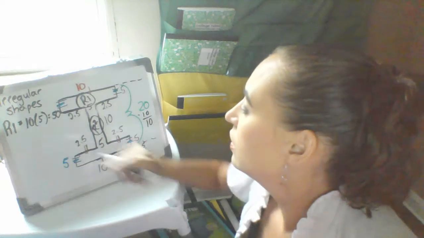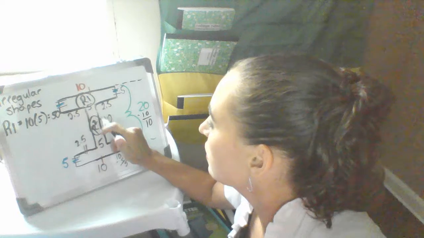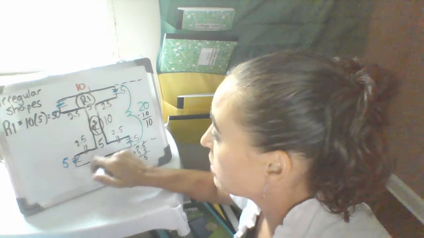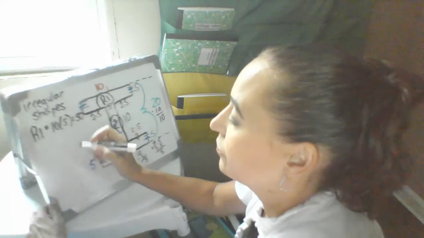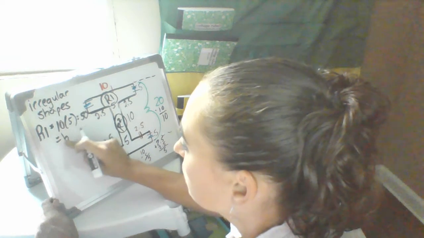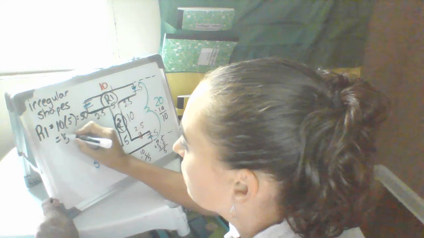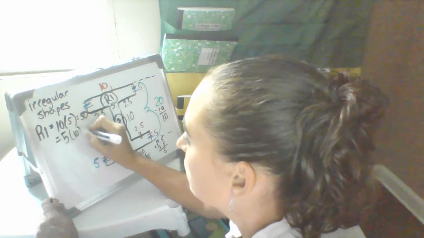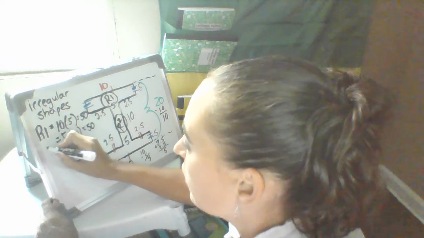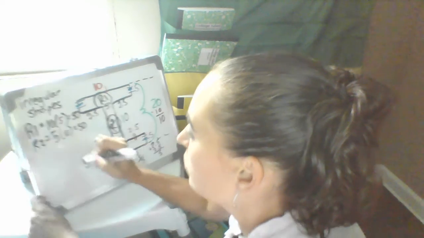Okay, so now I can calculate rectangle 2. The base of this rectangle, that would be the bottom, is 5, times the height, which is up and down, so that would be 10. 5 times 10 we already know is 50. And that's rectangle 2.